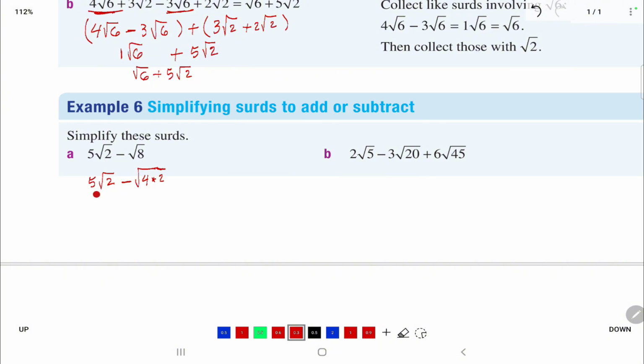Then 5 under the square root of 2 minus, you see, 4 I can take out from the square root and it will be 2, and this 2 is left inside. So it is 5 under the square root of 2 minus 2 under the square root of 2, and it will equal 3 under the square root of 2.